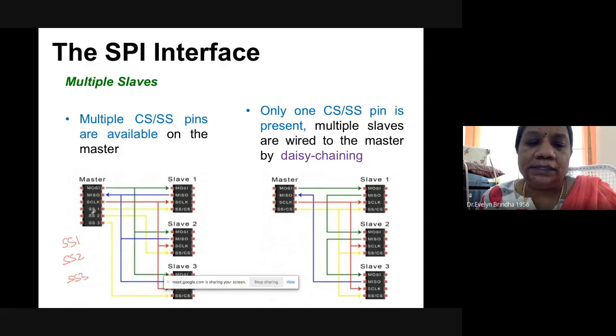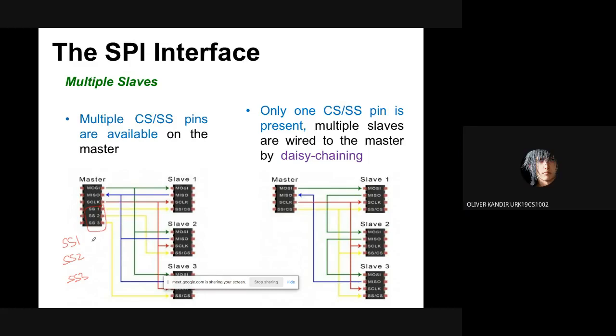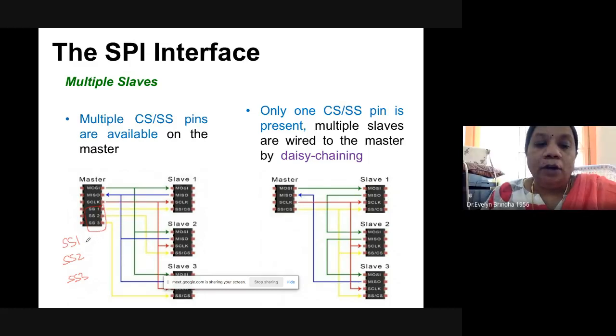Can you see 3 pins here? So which means what? At a time, how many slaves can you connect?